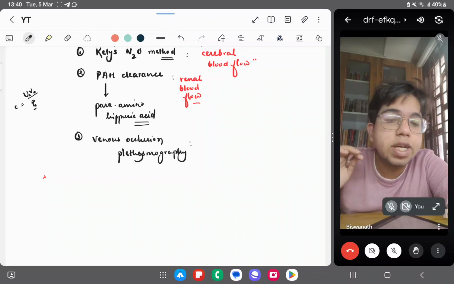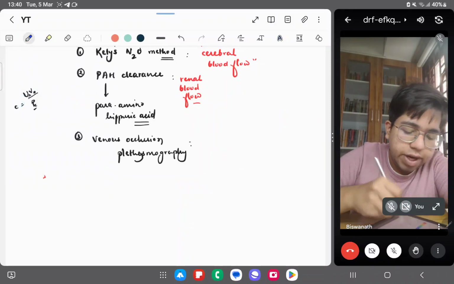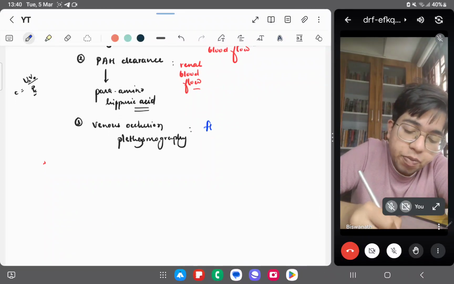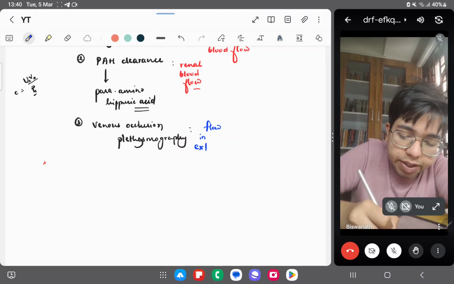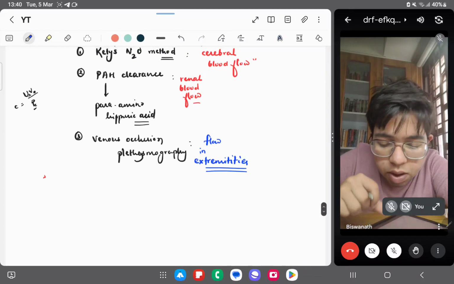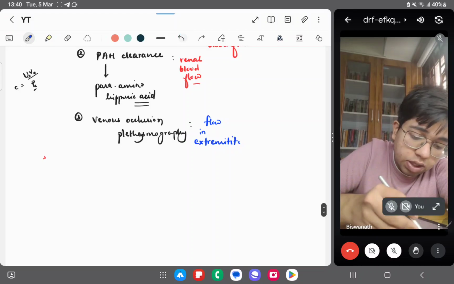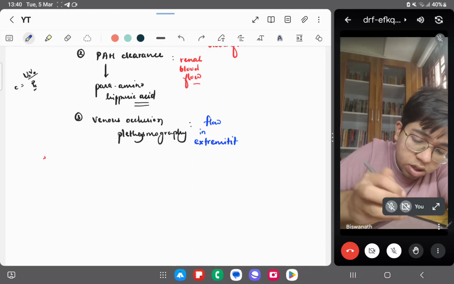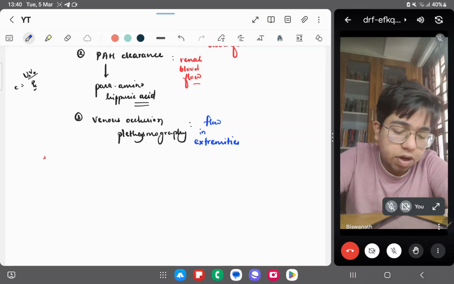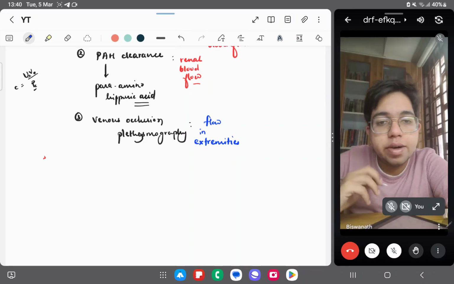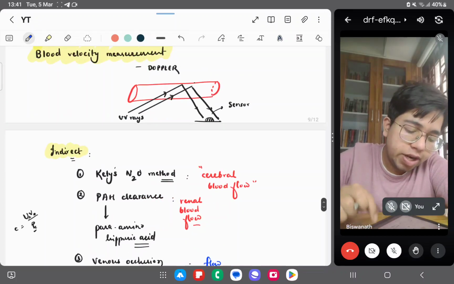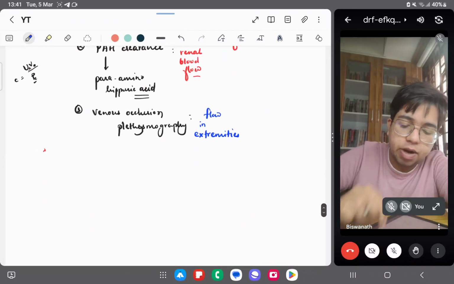It is a method used to measure the blood flow in extremities, in your hands and legs. So that is about venous occlusion plethysmography. So we're done with the blood velocity measurement and the blood flow measurement.